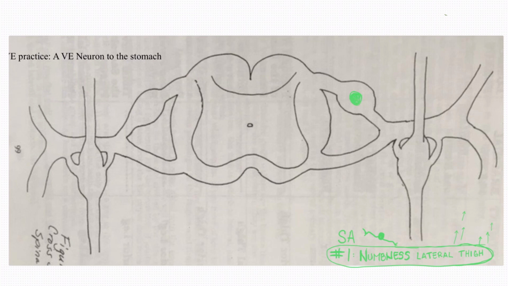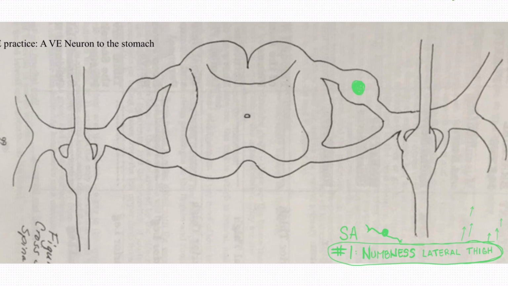Good. Axon path. Let's talk about the axon path. That's right, the dorsal root. Axon enters the spinal cord through the dorsal root. Now, where does the axon end? That's right. Because this signal is coming from the skin on the lateral thigh, it travels through the ventral ramus.